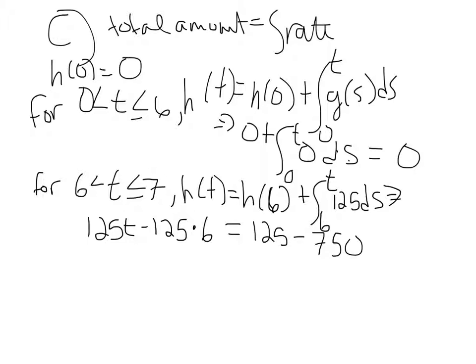Sorry, I wanted to make sure I did 125 times 6 correctly. You can leave it like this. That's fine. Okay. Now, I've already included 7 up here, so I'm not going to include it down there.